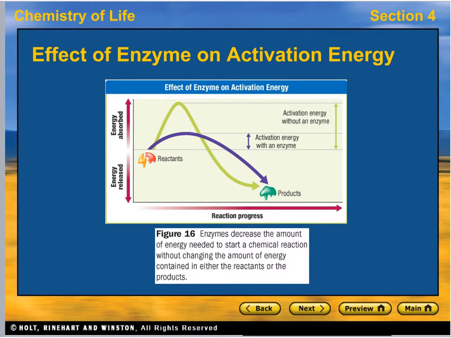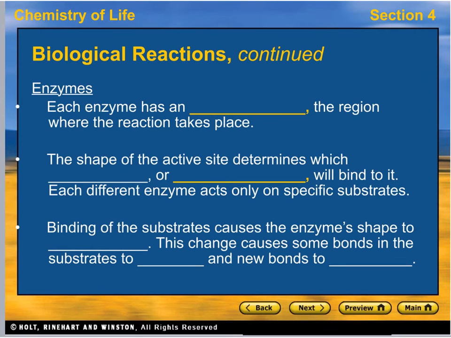One of the key things that an enzyme does is it reduces the amount of energy, but it also does not change the amount of energy that is contained on either the product or the reactant side. That's another key feature of an enzyme. An enzyme works because each enzyme has what we call an active site.